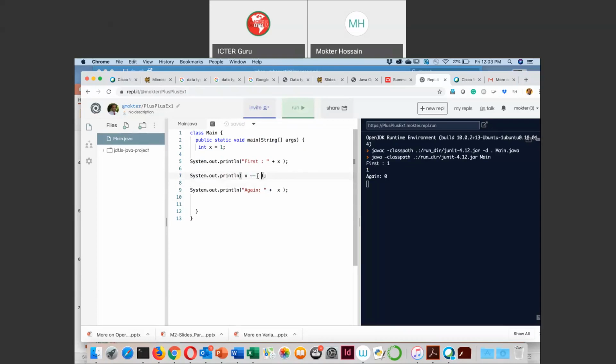Here at this moment it uses its old value x equal to 1, but after printing 1, it decreases its value, which is affected from the next line. Right after this, x becomes 0, so this is why it is printing 0. Is it clear?